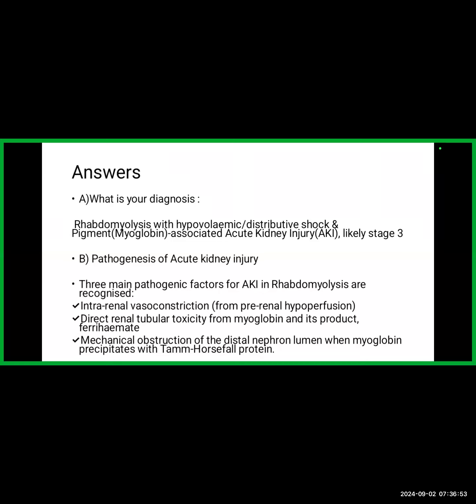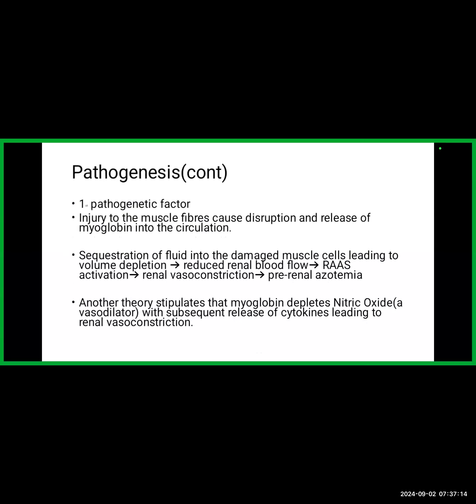Yes, you can. Okay, thank you very much. And then the third mechanism is the mechanical obstruction of the distal nephron lumen when myoglobin precipitates with the Tamm-Horsfall protein. So let's look at the 3 mechanisms a bit more.